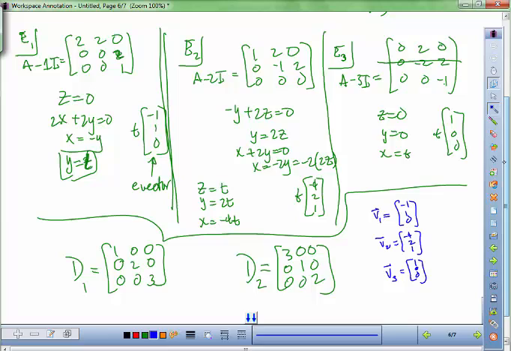Sorry, I'm confused. You found vectors in the null space for each of these eigenvalues, but can't that technique end up finding a vector that's flipped the other way or twice as big? Or don't you do some kind of scaling to make all this work? That could have been 1, negative 1, 0, and that would work just as well for the null space for E1.